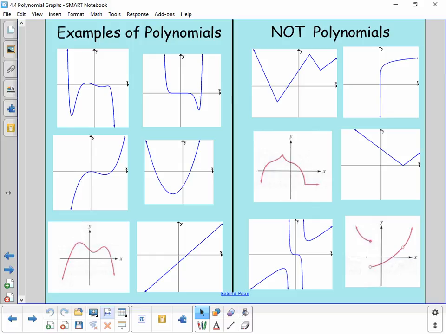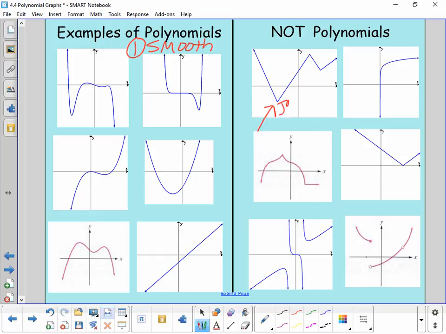If you look at these, you might notice, first of all, that polynomials are smooth. What smooth means is they don't have jagged parts that go to points or things like this, that's called a cusp. Polynomials don't have those kind of things.